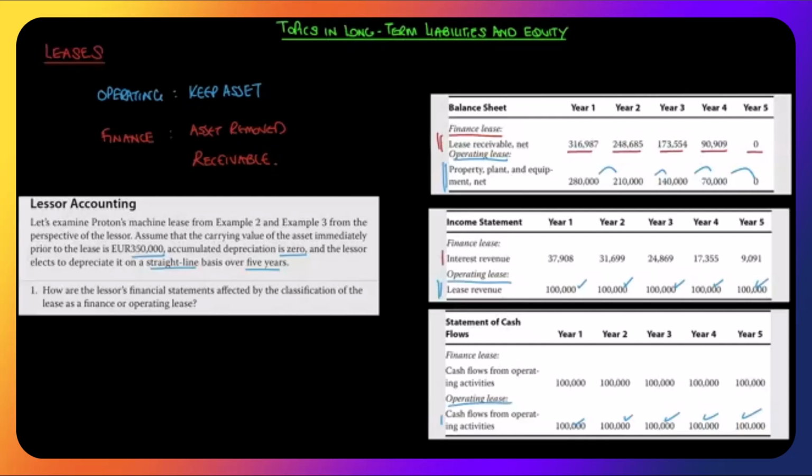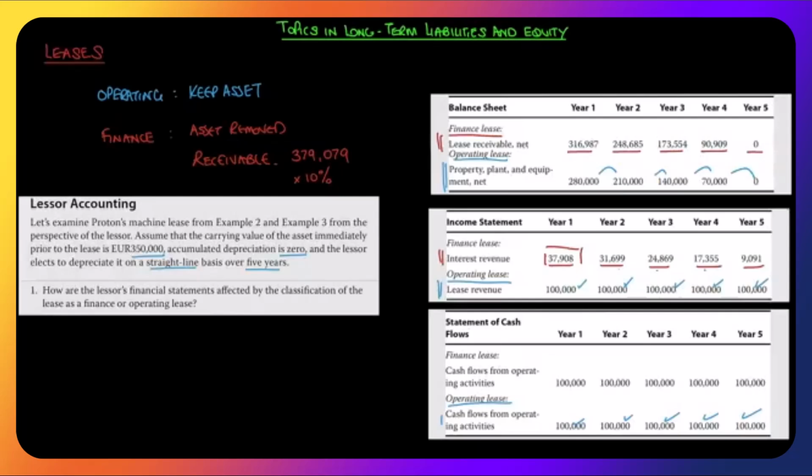And in the income statement, interest revenue over time, again, will look familiar. Remember, at time 0, we brought in the receivable at 379,079. So the first year's interest charge for the lessee at 10%, which is now the first year's interest income for the lessor at 10%, was 37,908.